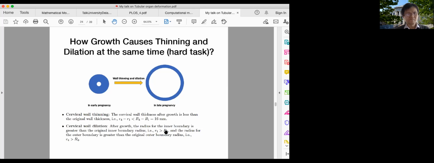That means the deformed inner radius is bigger than the undeformed inner radius. Also lowercase R4 bigger than capital R4, so the outer radius is bigger than the undeformed outer radius. So you can see it's very dilated. We want the radius to also be bigger after the deformation.